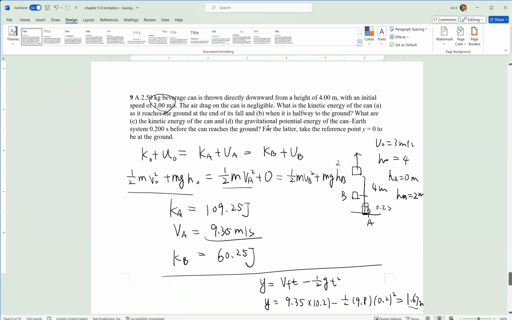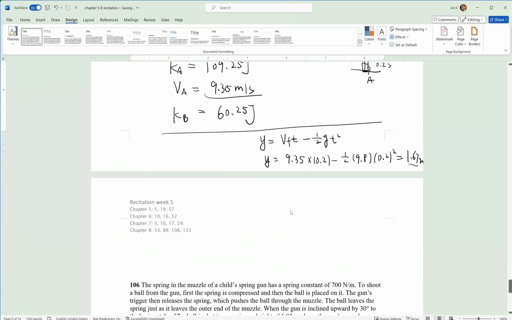So you are going to calculate the kinetic energy and the potential energy. So potential energy is this. U will be equal to mgy. So use 1.67 is 2.5 times 9.8 times 1.67. You are going to get 40.9 joule.